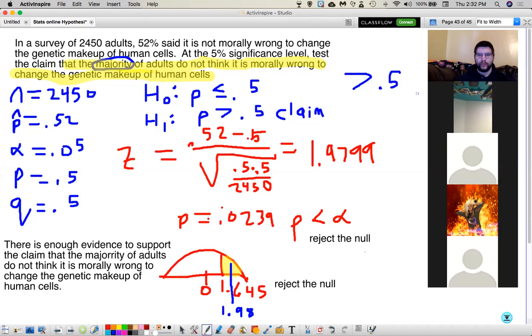Wait, so where are you getting 0.5 from? Majority. What does majority mean? Greater than. Majority means more than half. Oh, okay. So if I say the majority of statistics students in our class are male, that would mean more than half are male. It could be all of them male, but more than half of them have to be male.